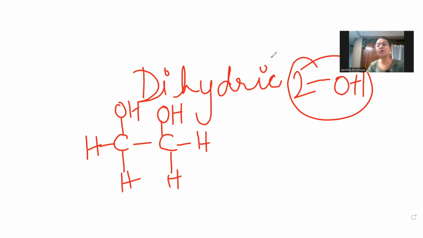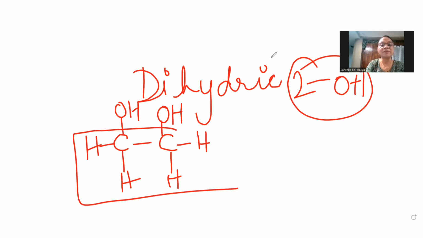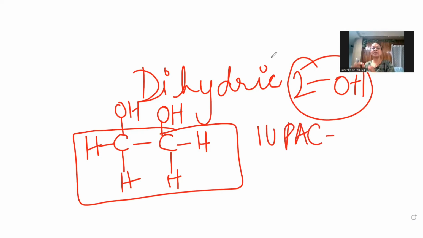It isn't that they don't exist, they exist and are rare. So we will deal with the vicinal diols, which are there in the NCERT textbooks mostly. So this is a 2-carbon system. So its IUPAC name, which is more systematic.